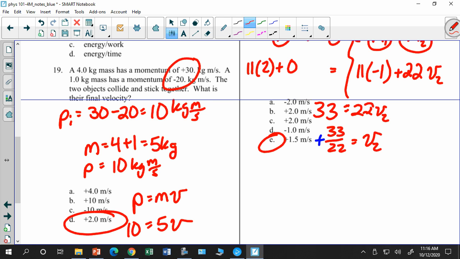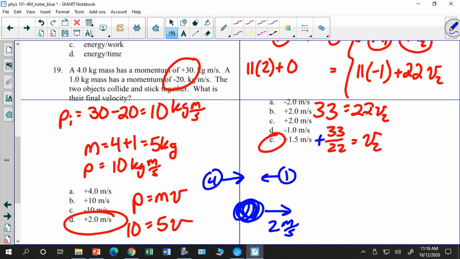So v is 2. Let me draw a picture. I don't know that you need a picture on this, but let me just draw it. The 4 kilogram mass is in this direction. The 1 kilogram mass is in that direction. Then they stick together, and they make one big object, and they move off at a speed of 2 meters per second.